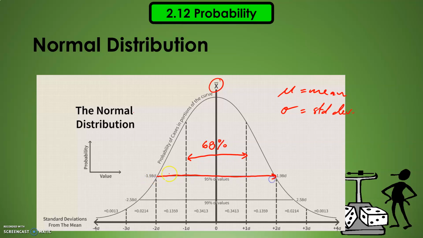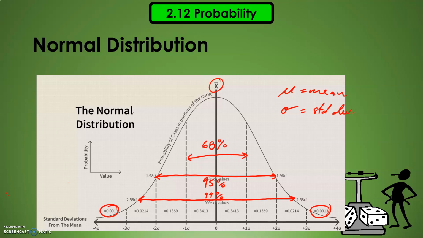Two standard deviations above and below, we end up with 95% of all the values, and 99% of all the values are between three standard deviations. We don't normally go past three standard deviations because, as you can see, the proportions are so small that they're insignificant to what we're doing.